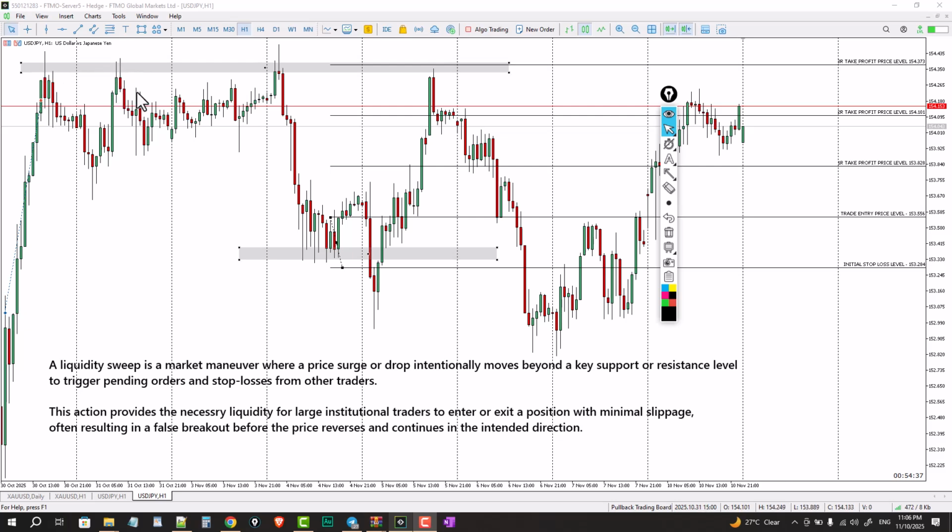But price didn't just start moving down. After price got rejected here, it moved down a little bit, but then it moved up and swept most of the traders who placed a very tight stop loss above this resistance area when they got short around here.